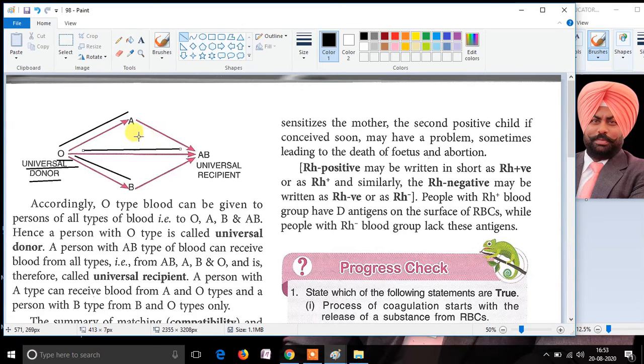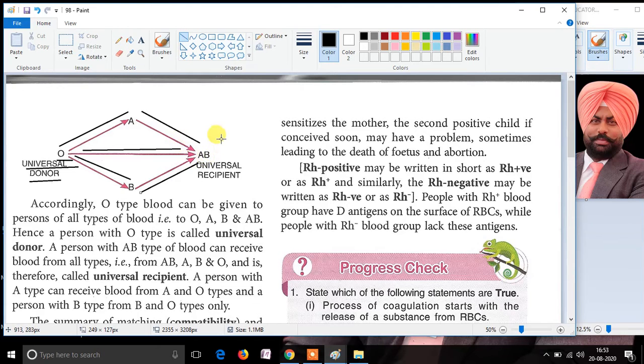While the person having blood group A can only donate his or her blood to a person having blood group AB, the B blood group person can also donate his or her blood to a person having blood group AB.